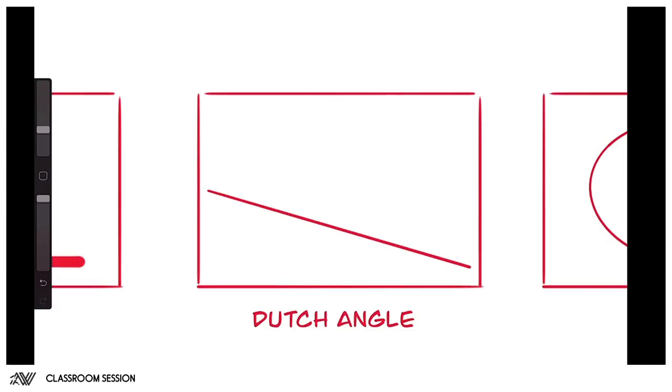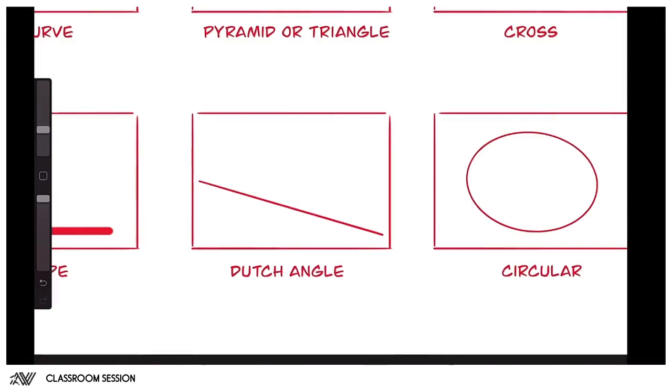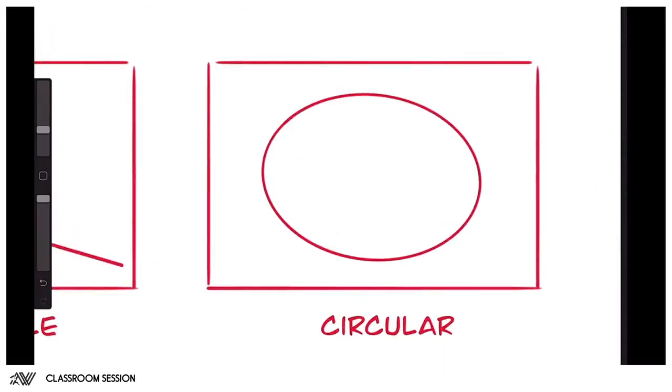They will give a feeling of vibrancy and just action in general. So that's why the Dutch angle is pretty popular. And then you also have a circular composition. I haven't seen it used that much, but it gives more of a sense of a calming effect. Maybe sometimes also a powering effect, but I haven't seen it used commonly.